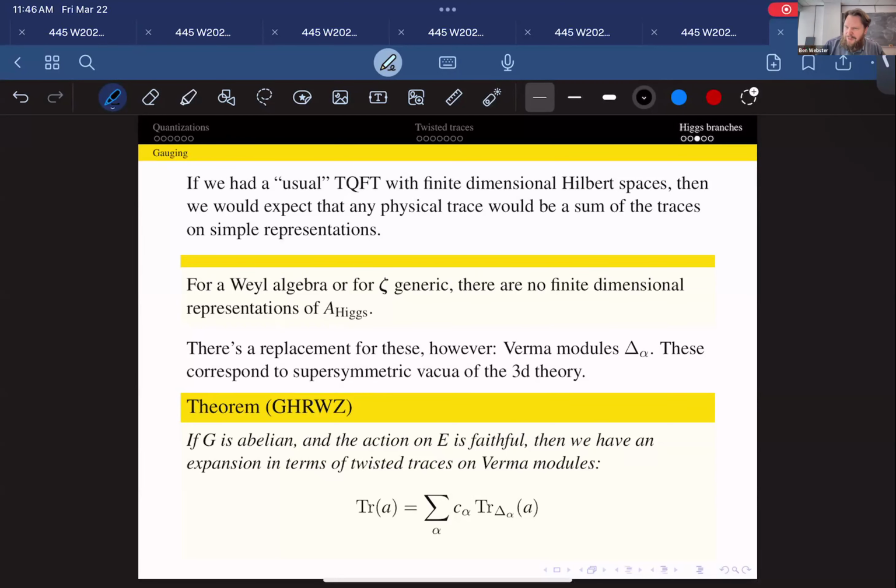There aren't any finite dimensional representations for A Higgs, but somehow Verma modules play a similar role. They're a replacement for finite dimensional representations.